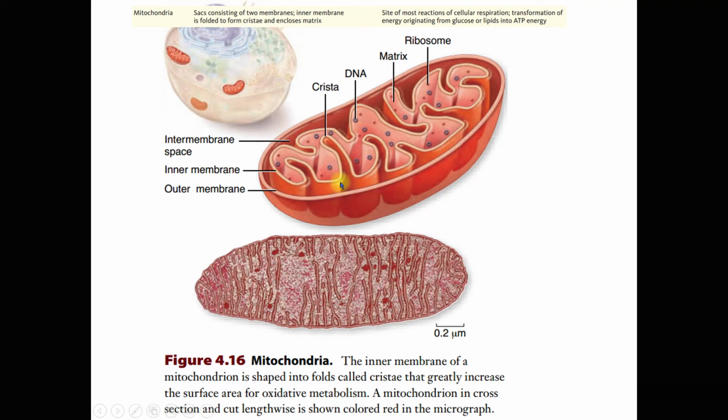This is the inner membrane of the mitochondria. This point all the way here and here, this is the crista. The same goes here. This is the crista, crista, crista, crista.